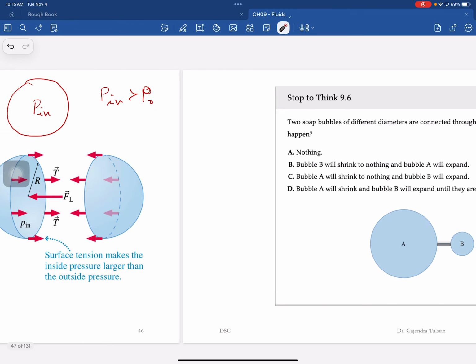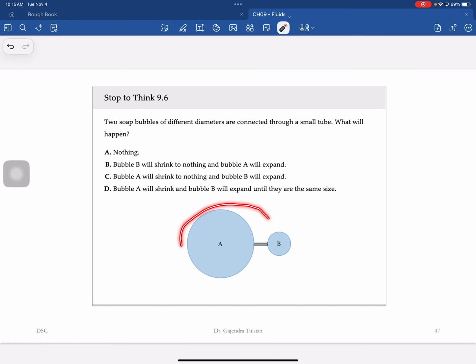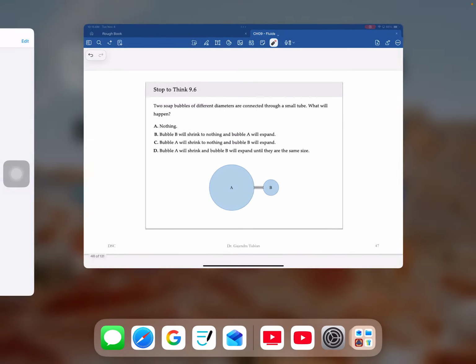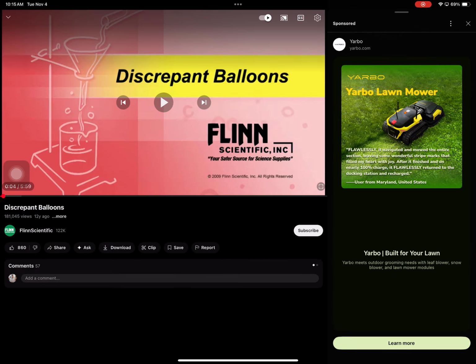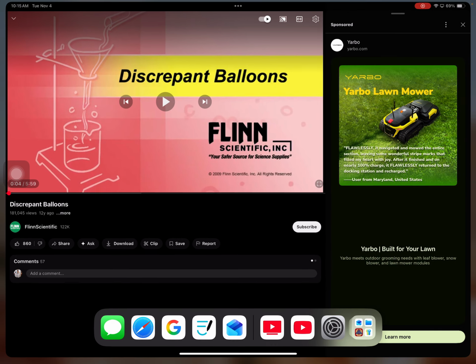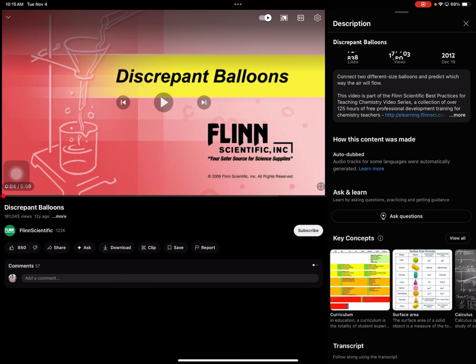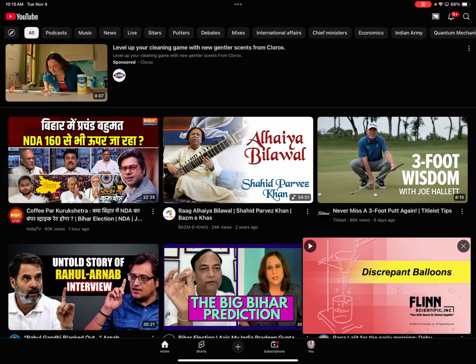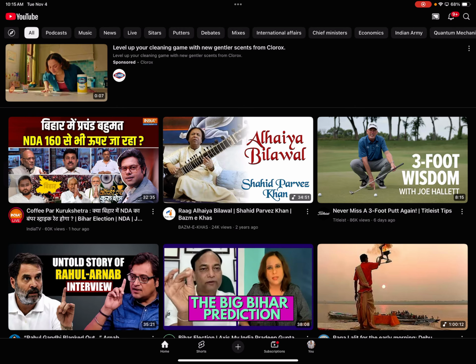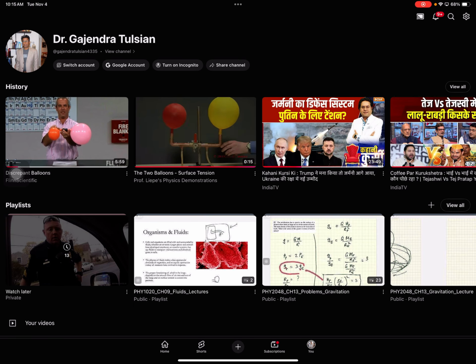For instance, here's an experiment. Here's a big balloon and a small balloon. If you attach them, what do you think will happen? Let me show you.